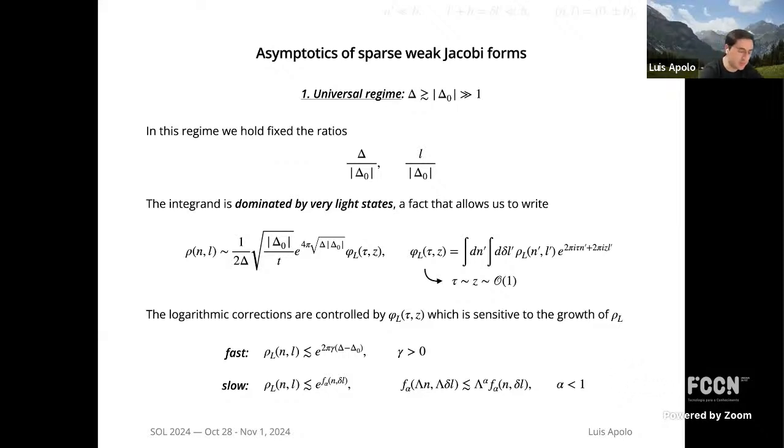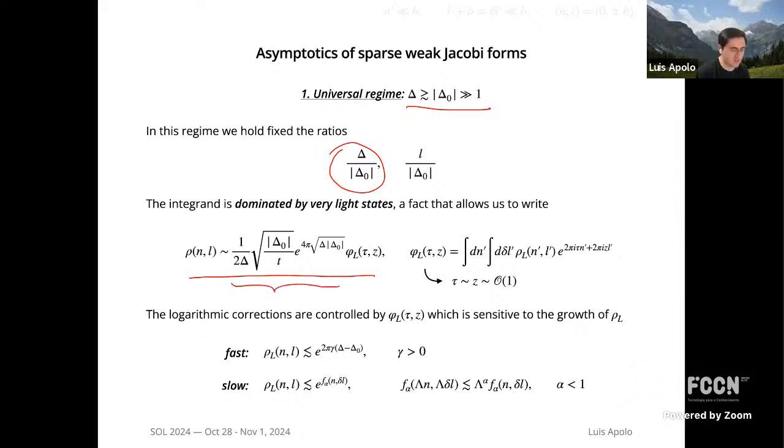This is a regime where delta satisfies this condition, which basically means that it's linear in delta naught. So this ratio is going to be held fixed as delta and delta naught are made larger and larger. So in this case, it turns out the answer is not dominated by the ground state. It's dominated by states that are still close to the ground state. So they're very light. And we can approximate this density of states by an expression of this form.